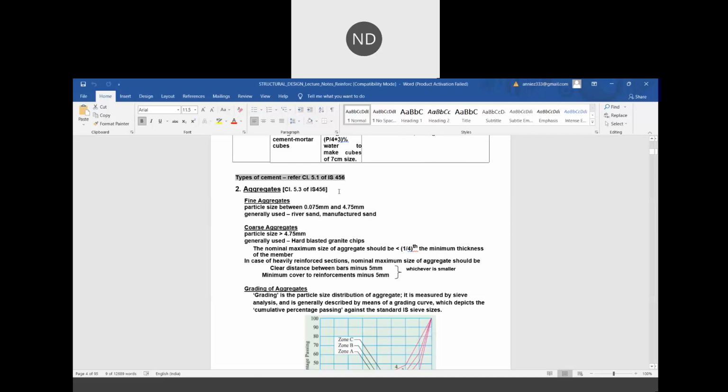Last class we talked about aggregates also, which is clause 5.3 in IS code 456, Indian Standard Code 456 2000. Your aggregate shall comply with the requirements of IS 383. As far as possible, preference shall be given to natural aggregates.